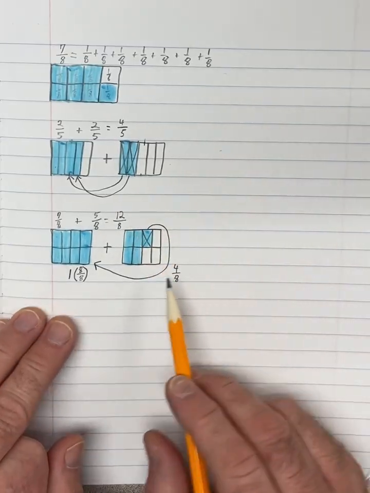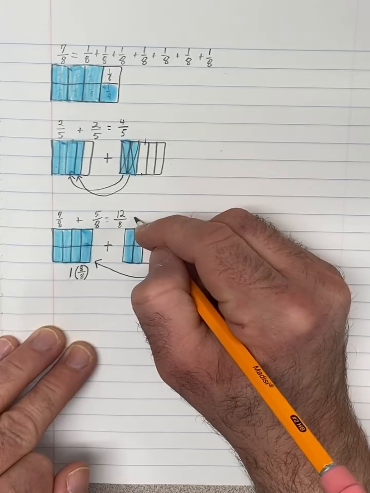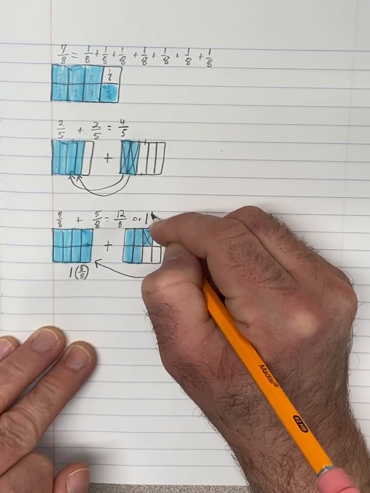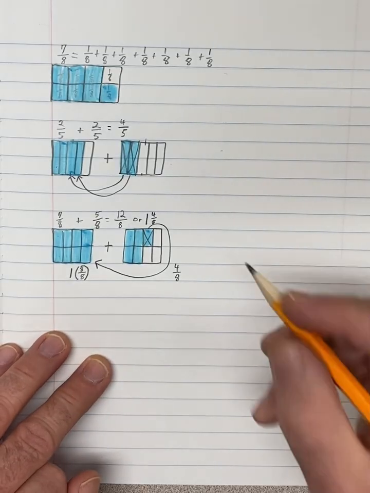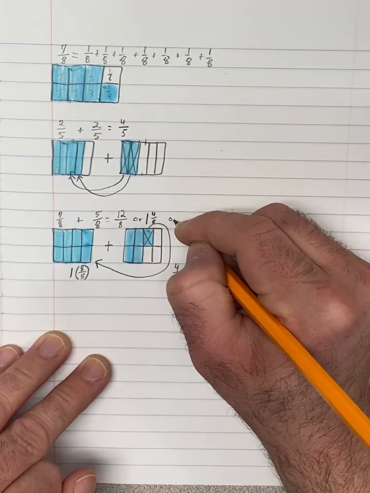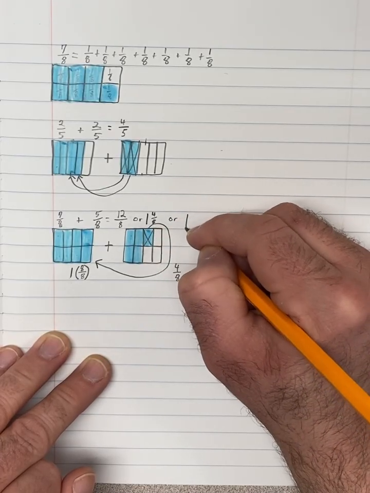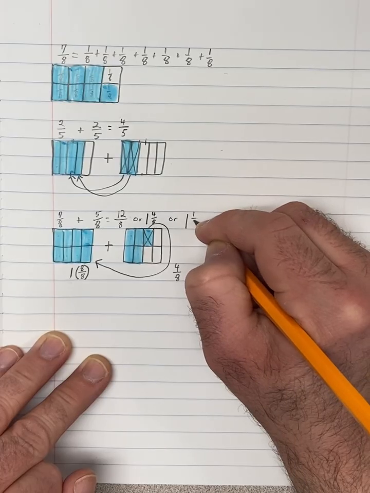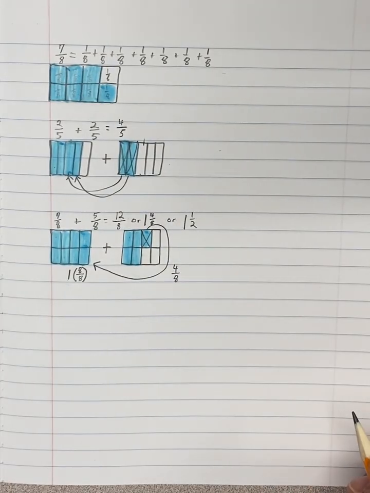So another way to write 12/8 is 1 whole and 4/8. And it's not required, but you could even rewrite 1 whole and 4/8 as 1 1/2, because 4/8 is equal to 1/2.